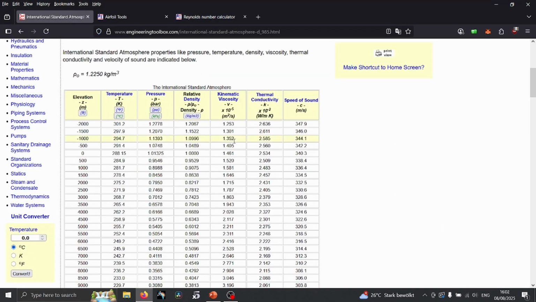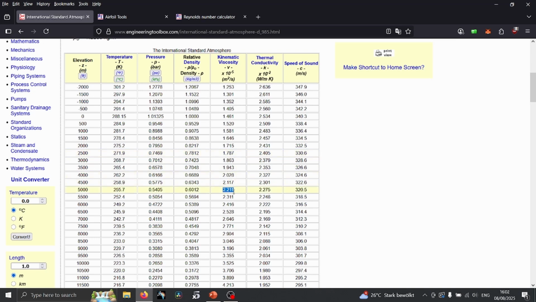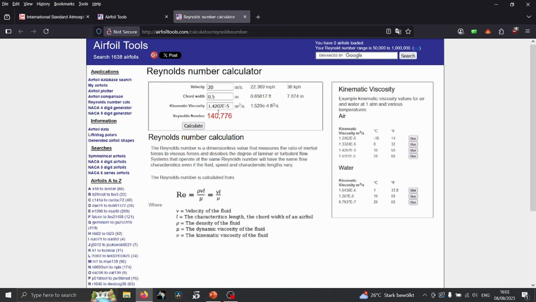We go back to this website. Here is the kinematic viscosity. For example, if we are at a 5,000 meters altitude, the kinematic viscosity will be 2.211. But make sure this value is given as 10 to the minus 5 to be written there.